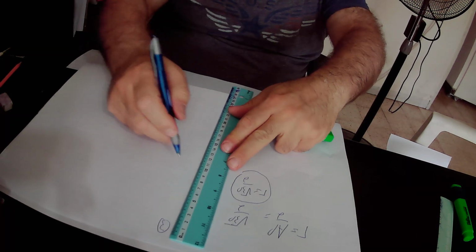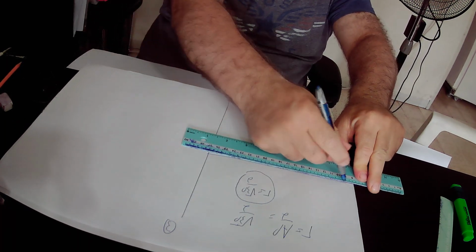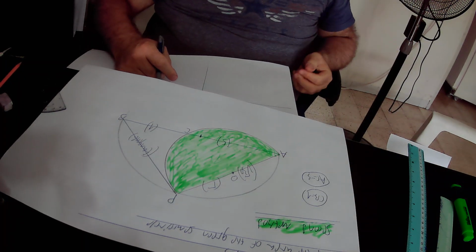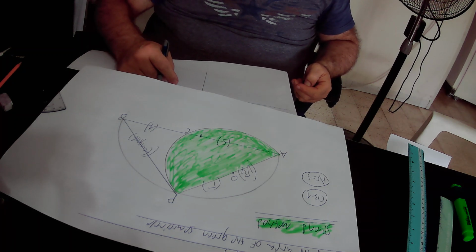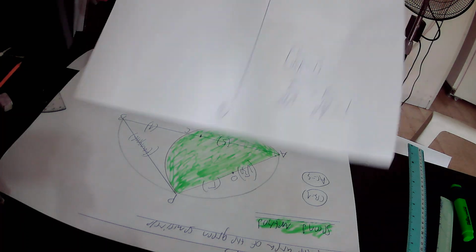And the area of the green semicircle equals the area of the circle over 2. The area of any circle is pi r squared, and therefore the area of the semicircle must be equal to pi r squared over 2. So write it down.